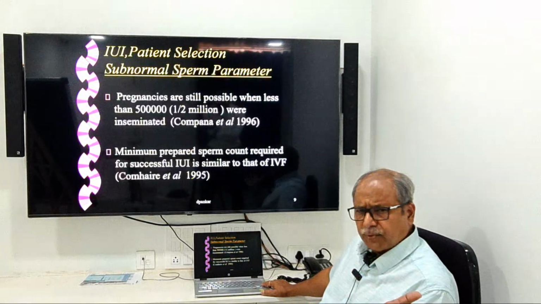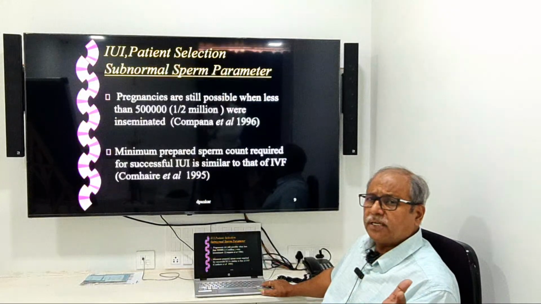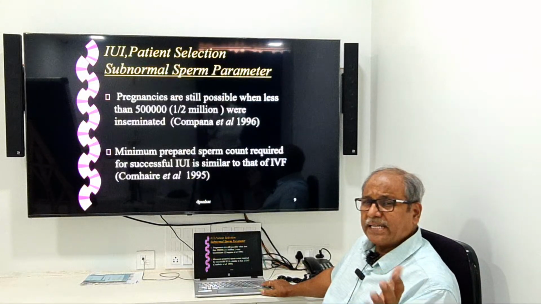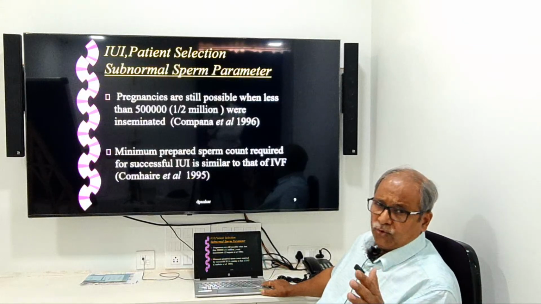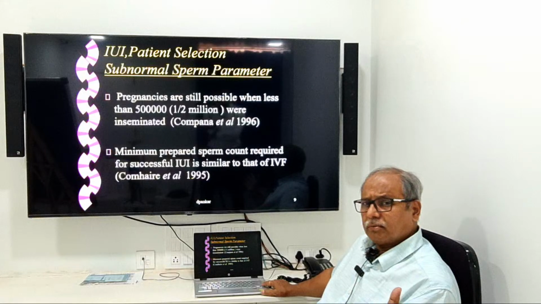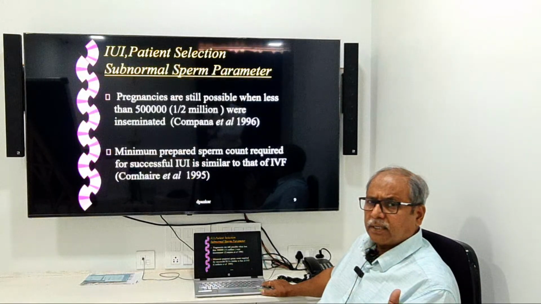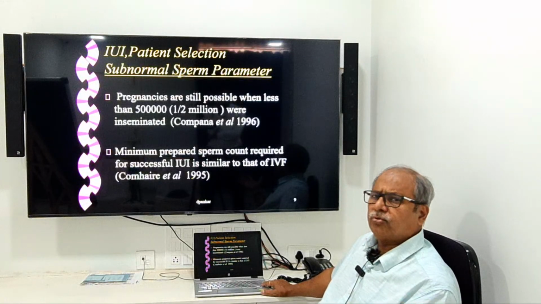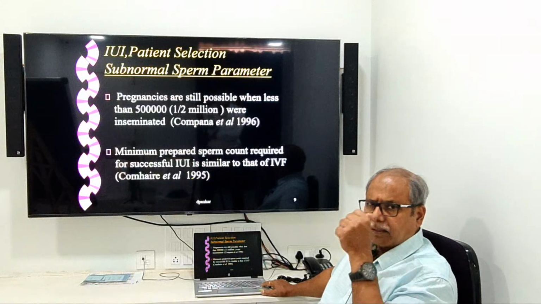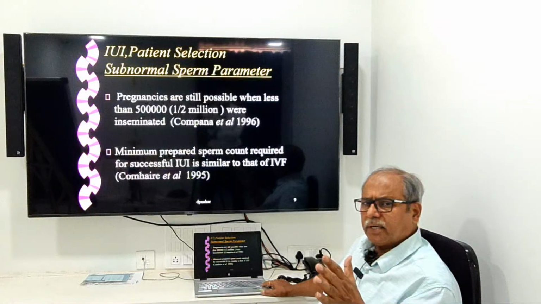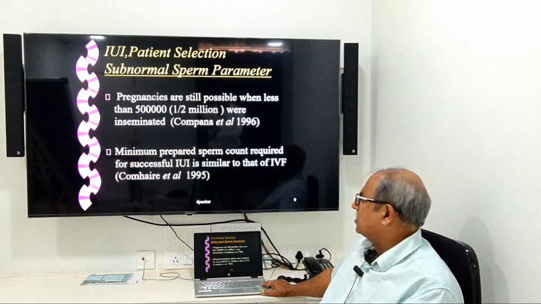So if it is less than 1 million, chances will be a little bit less. How will you see less than 1 million? Either you use Makler's chamber or Neubauer chamber, or if you use a high power microscopic field, then you can count them and there will be more progressive motility.